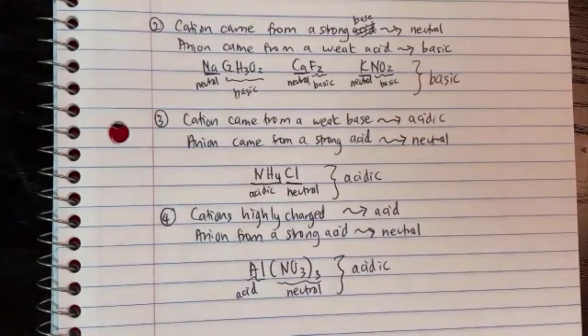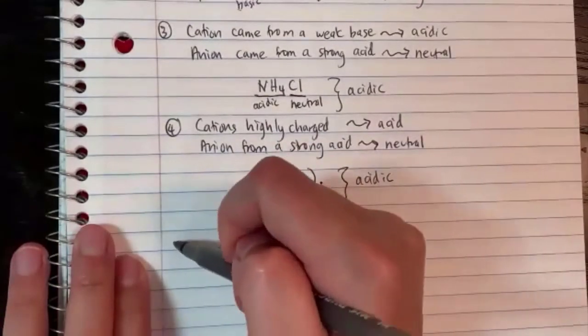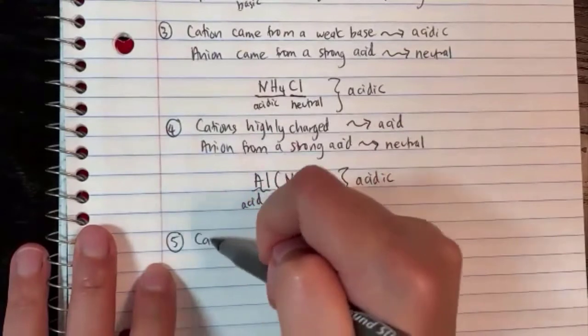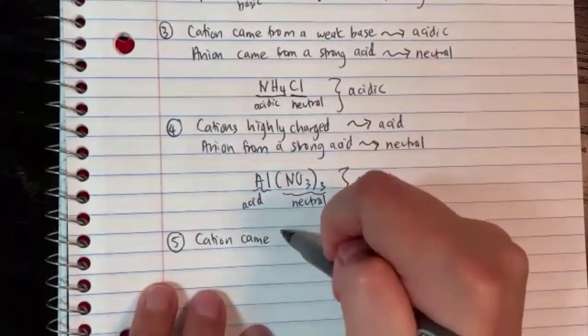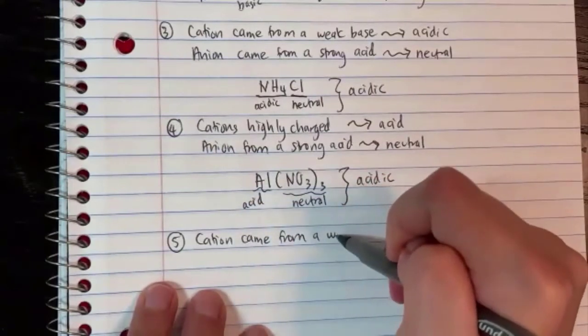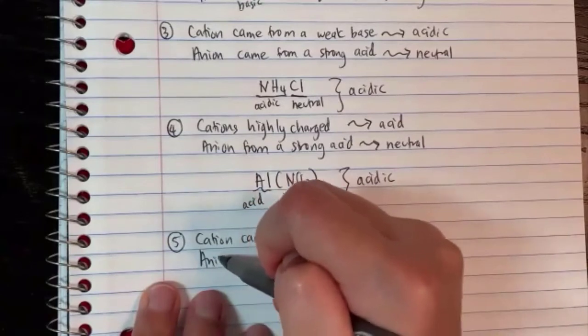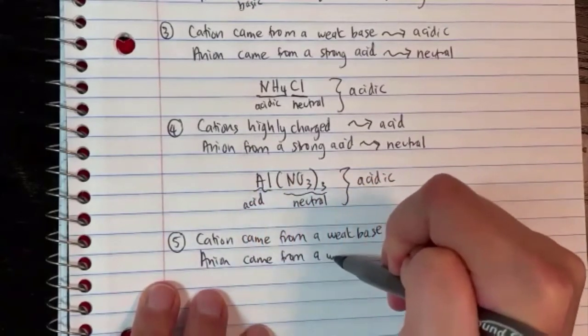Now, there's another, a little bit more complicated one. What if both of them came from weak stuff? For example, the cation came from a weak base and the anion came from a weak acid.